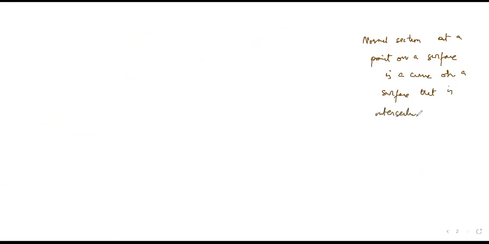तो अभी तक जो हम कह सकते हैं, तो normal section at a point on a surface is a curve on a surface, अगर मैं इसको इस तरह से लिखूं, that is the intersection, and it is the common curve of the surface and the plane that contains n at that point.